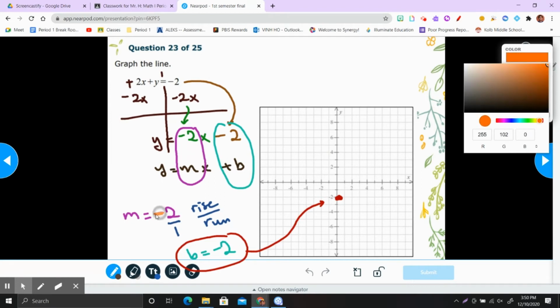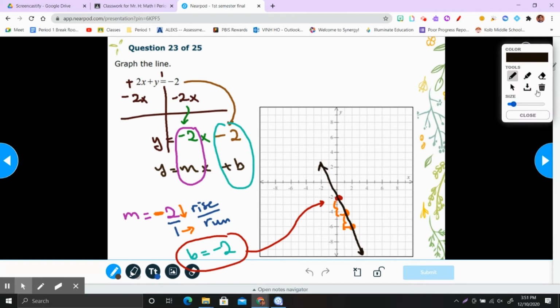Since it's negative 2, we're going to go down instead of up. And positive 1, you go to the right instead of left. So down 2 over 1. Then we draw a line through those 3 points. And that's it. Easy, right? Okay. If you need more time on this one, just pause the video and rewatch it.